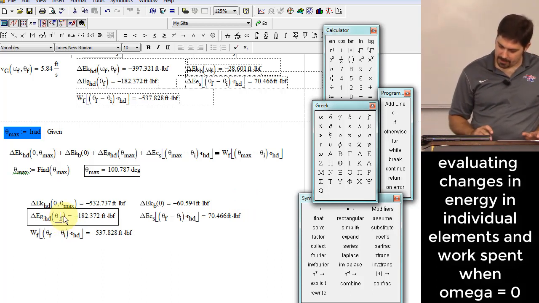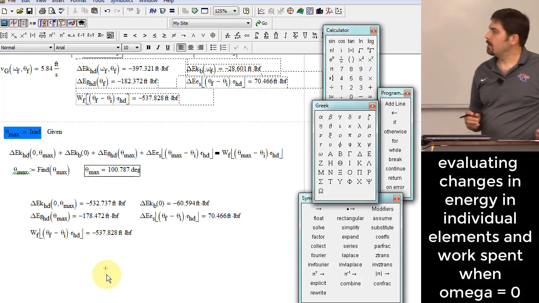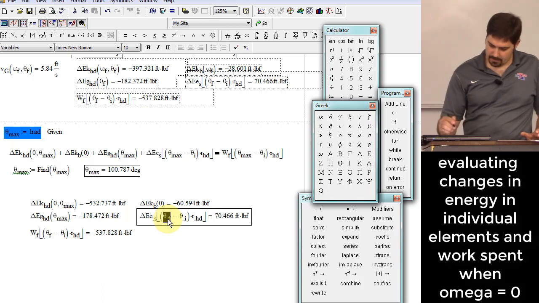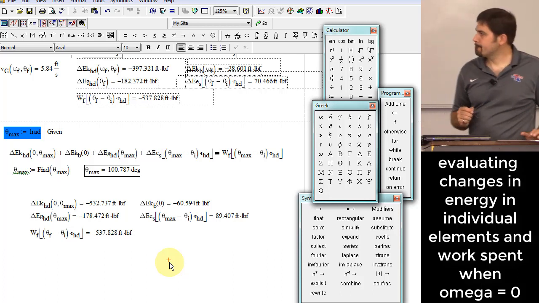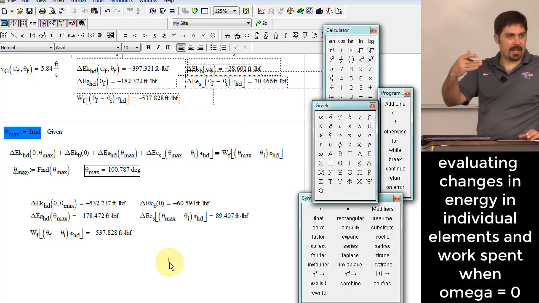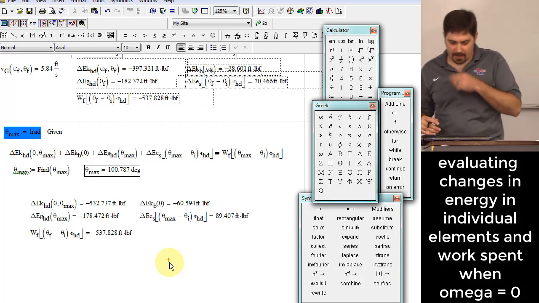Okay, I can put in here theta max. Right? So it lost energy in terms of gravitational potential. Right? Here I can put in theta max. And so the spring, it does make sense that the spring would have gained energy, right, in the process of moving. So that value also makes sense.